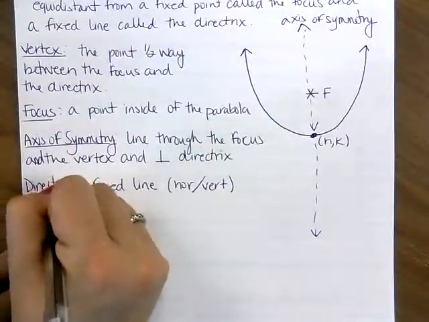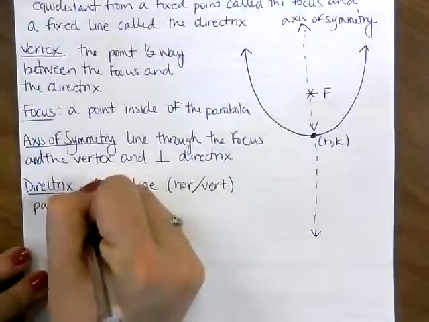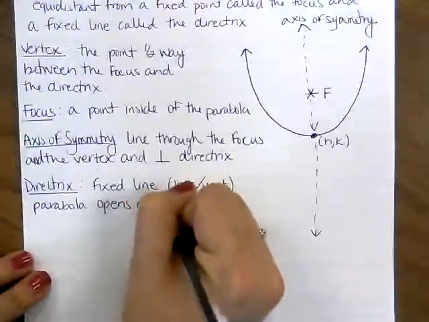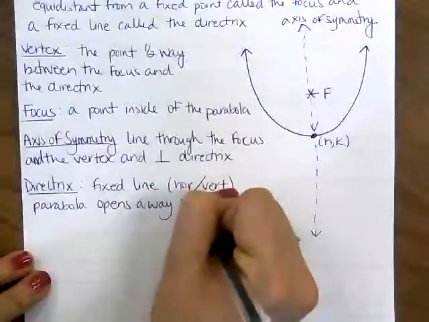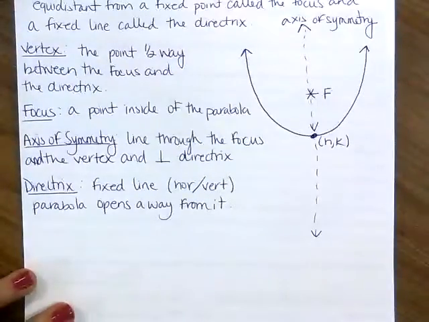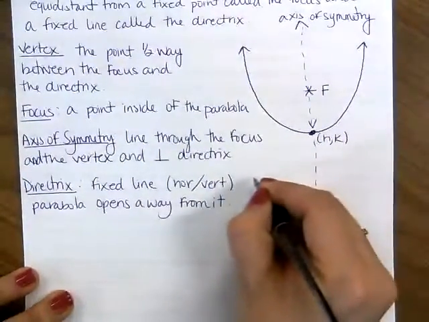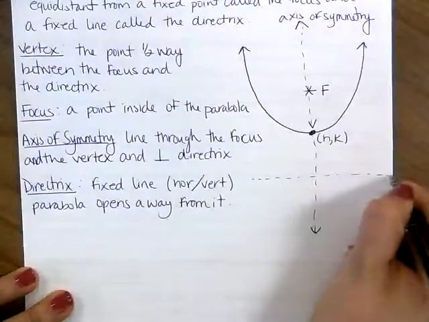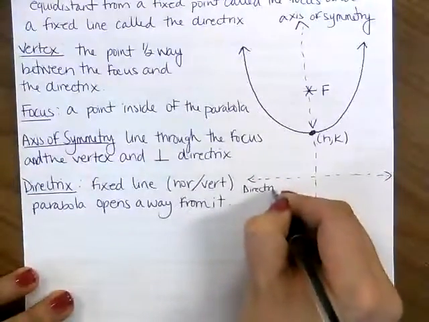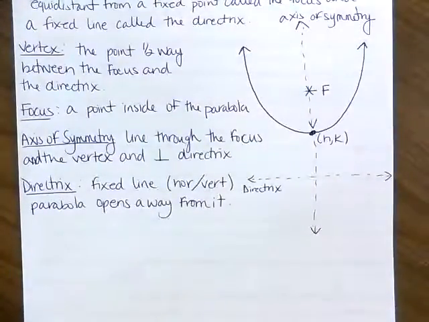And the parabola opens away from it. Okay, so here would be our directrix, down here. So in this case, it would be horizontal. Okay, if our parabola was horizontal, then our directrix would be vertical.